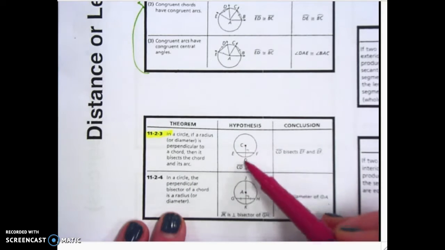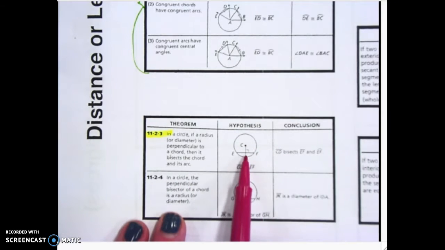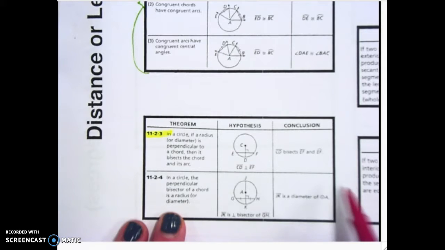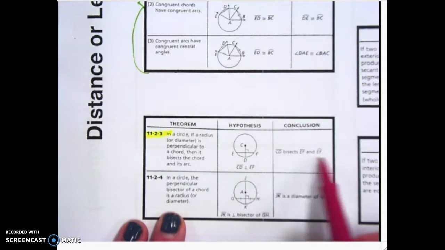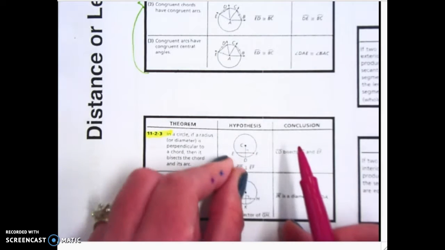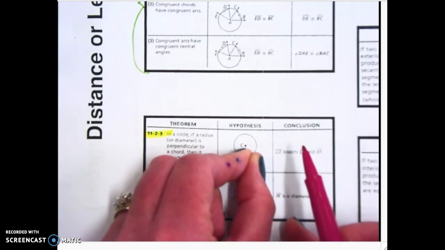Okay, so here's your radius going from C to D. See the little box? Little box means it's perpendicular, means it's 90 degrees, right? If you've got that, then that radius is going to bisect that segment, making those two tiny little pieces equal to each other. So this little piece and this little piece will end up being the same.